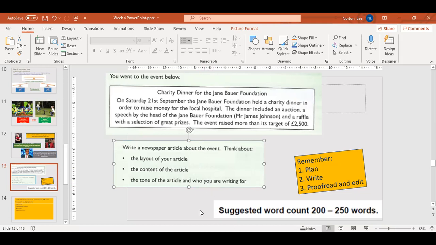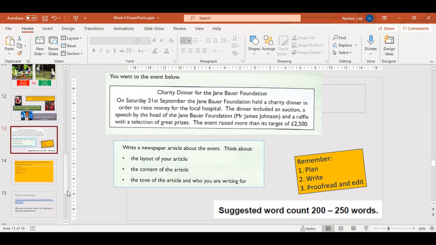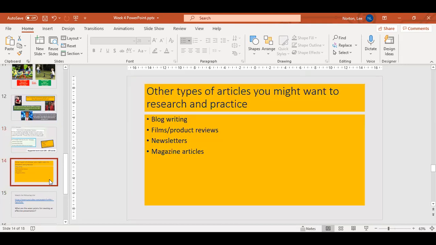So have a think about these and go over them. The suggested word count for this has got to be 200, 250 words. And remember, plan, write, proofread, and edit. And just so you know, there are other types of articles as well that you might want to research and practice.